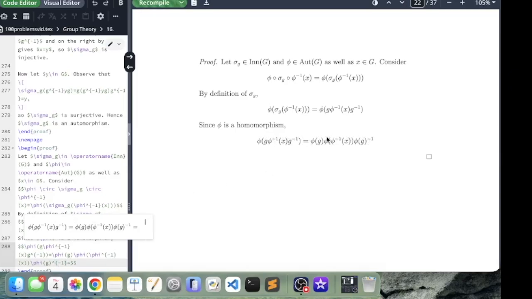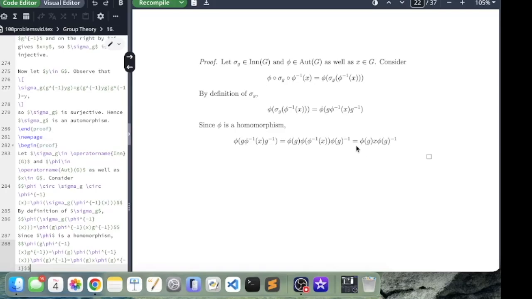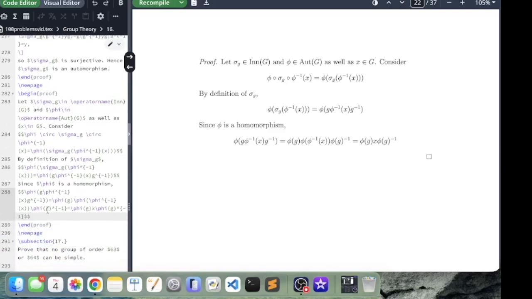Okay, but we also notice we're taking phi of phi inverse, which is just x. They cancel each other out. So the final thing we have over here is phi of g times x times phi of g inverse. Okay, but we notice that this is just sigma sub phi of g, which is in the automorphisms of G.